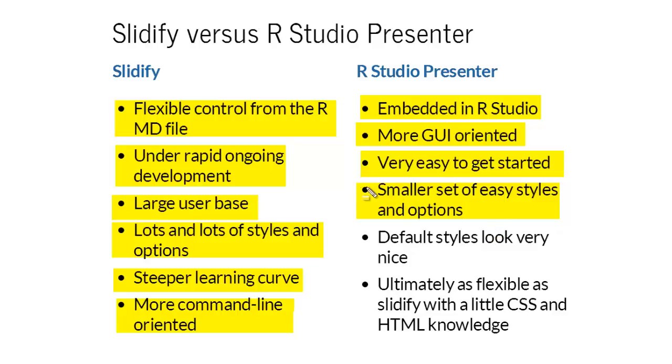But at any rate, this makes me happy that there's fewer choices, because I'm the kind of person that if there's lots of choices, I tinker around with them, and then I look, and it's an hour later and I've done nothing. Okay, so this smaller set of styles actually helps people like me that are over tinkerers. As far as I'm concerned, the default style looks really nice, and so it seems fine. So that's actually a nice component of RStudio Presenter.